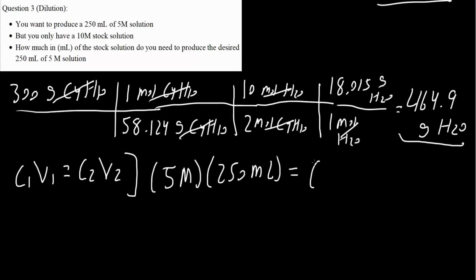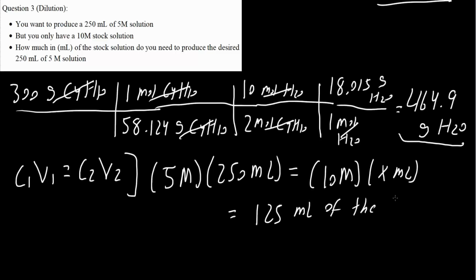Here you have 10 molar, and you want to know X in milliliters. So you do 5 times 250, you would get 1250. 1250 divided by 10, and so you would get 125 mL of the 10 molar stock solution.